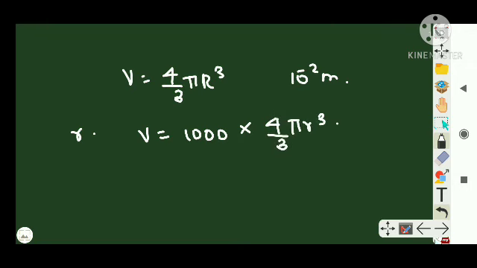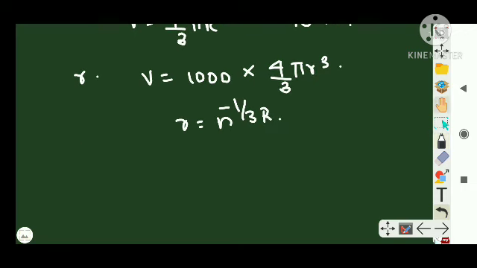So you can find small r. I have actually given you the formula, r equals n raised to minus 1 by 3 into capital R, right? Here n is 1000, so it becomes R by n raised to 1 by 3. 1000 raised to 1 by 3 is 10.